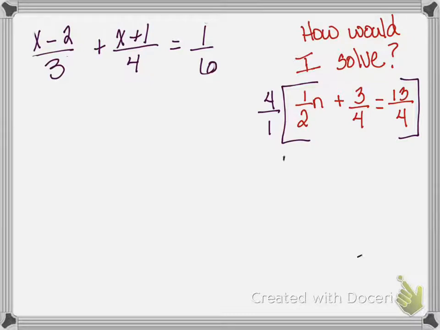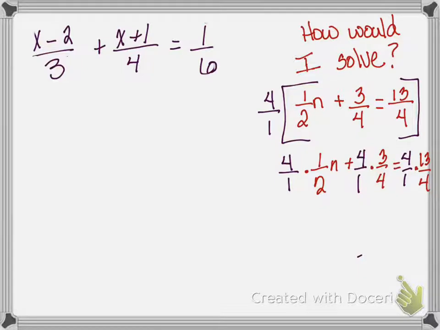So I have 4/1 times 1/2 n plus 4/1 times 3/4 and then 4/1 times 13/4. So the stuff in red is my original problem. The purple is the 4/1. Okay? Now I'm going to simplify.